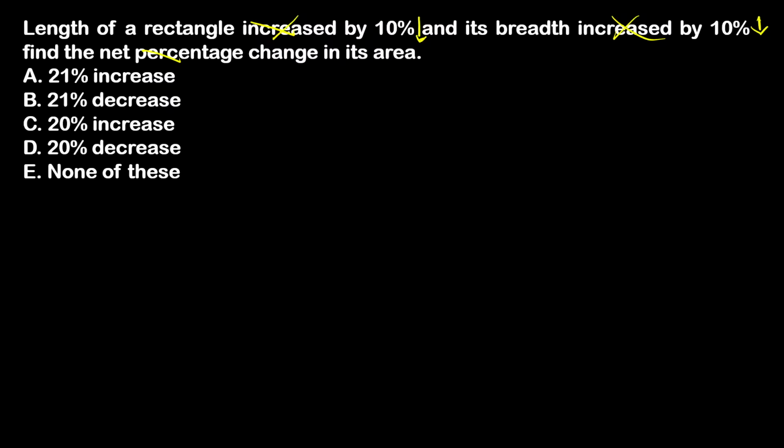How do we calculate now? Understand the difference between the previous question and this one. Now both the values are decreased, length is decreased, even breadth is also decreased. So how do we calculate this?